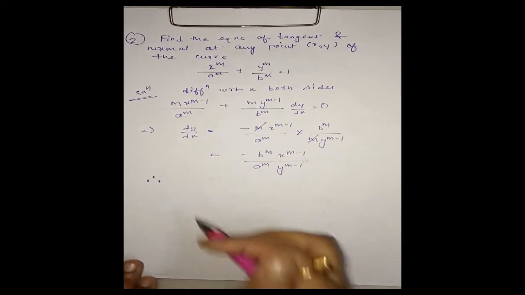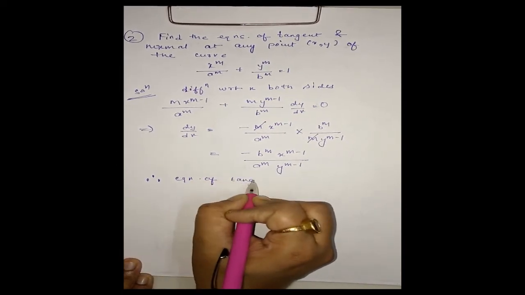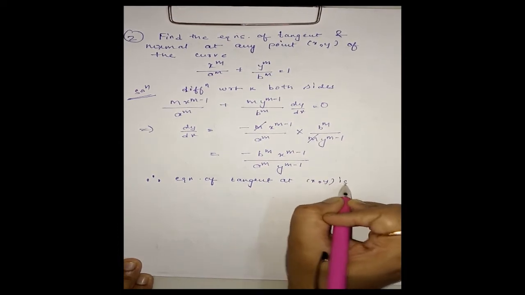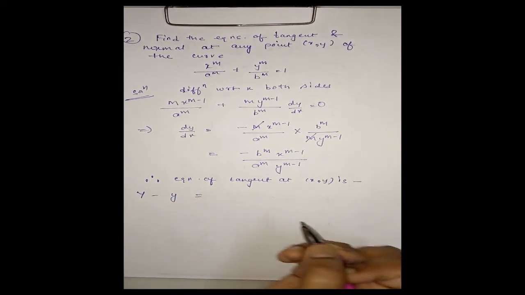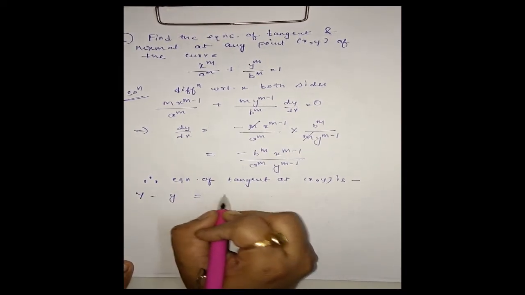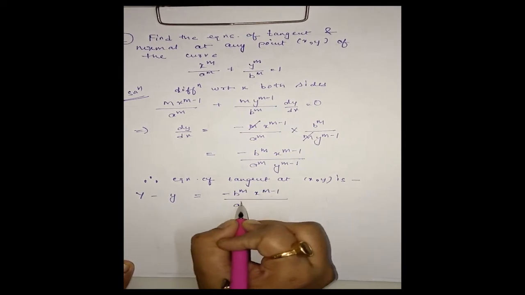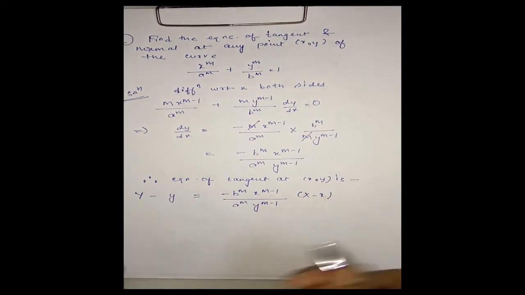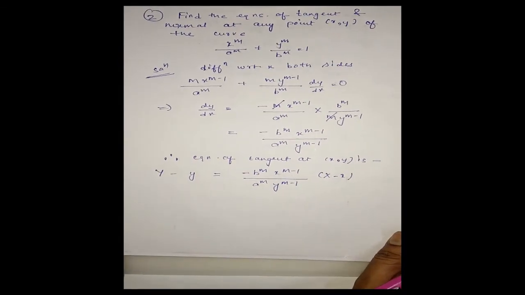Therefore equation of tangent at the point xy is given by capital Y minus y is equal to minus bm xm minus 1 upon am ym minus 1 into capital X minus x.